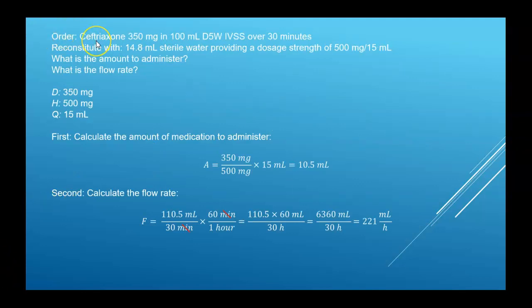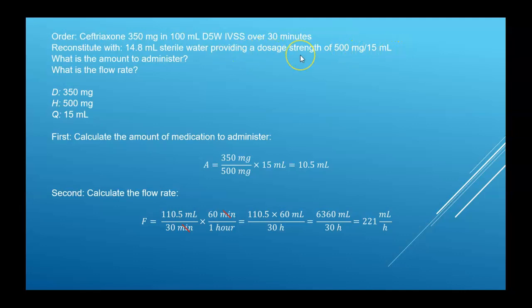Okay, so we have an order. Ceftriaxone, 350 milligrams in 100 milliliters dextrose IVSS over 30 minutes. Reconstitute with 14.8 milliliters of sterile water, providing a dosage strength of 500 milligrams per 15 milliliters.